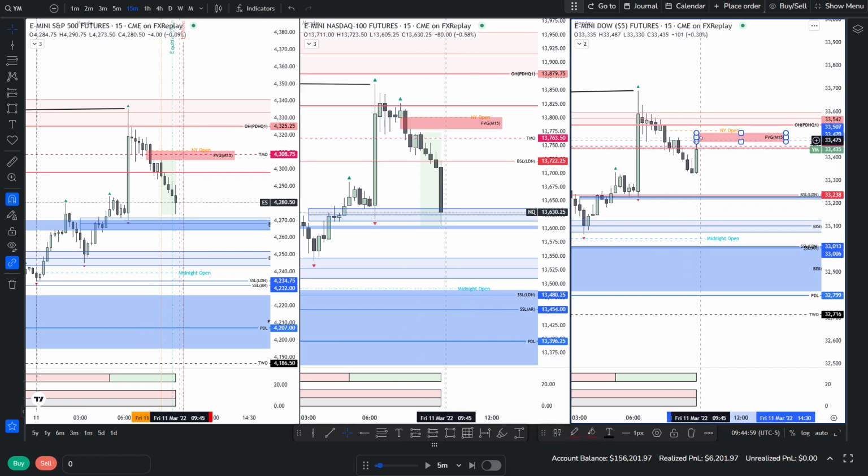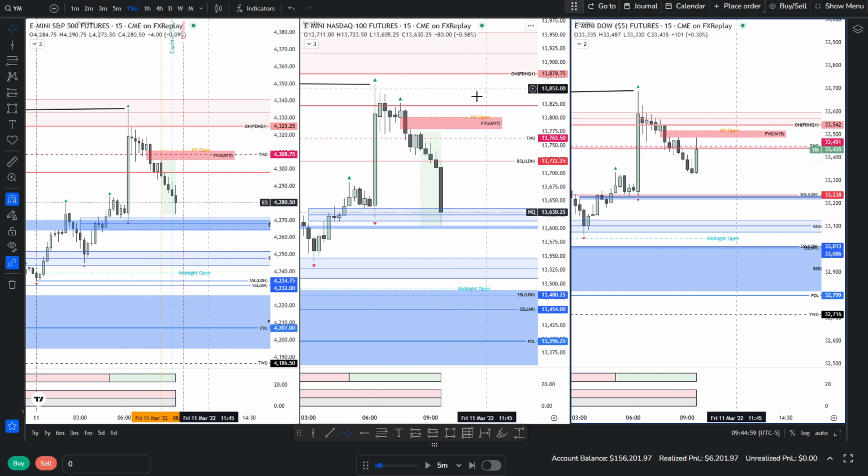Yeah. I'm not convinced yet about lower prices despite the high time frame correlation. To be honest, I'm not convinced.